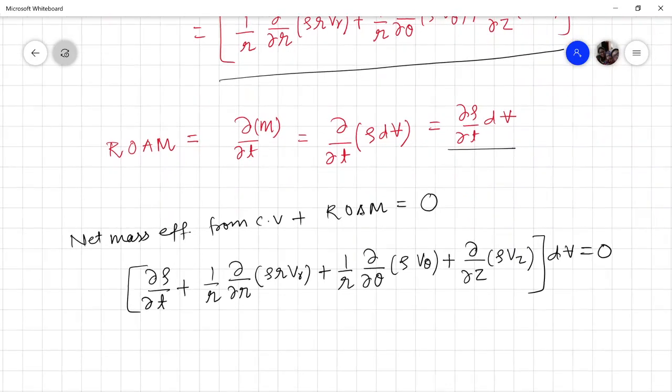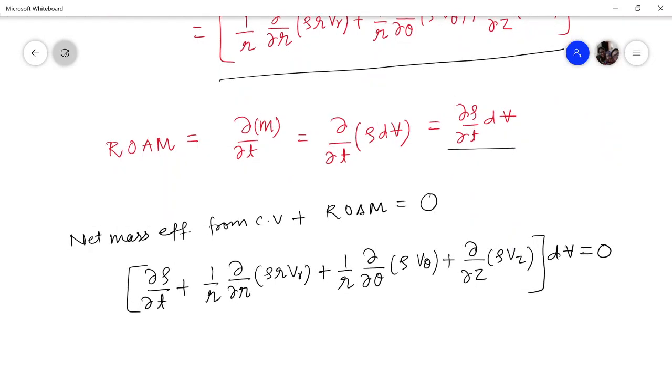But remember that this particular equation is written for an infinitesimal volume, which if it tends to 0 never becomes 0. That means this dv is arbitrary, it can be any value. So if this is valid for any arbitrary value, then what is making this term 0? This is the term which is making this whole equation 0.